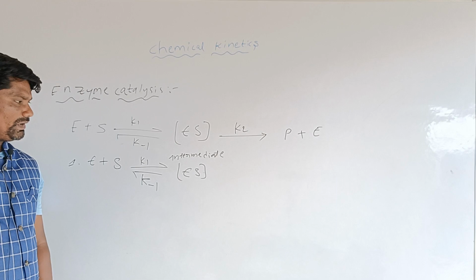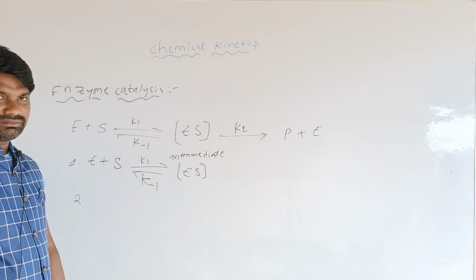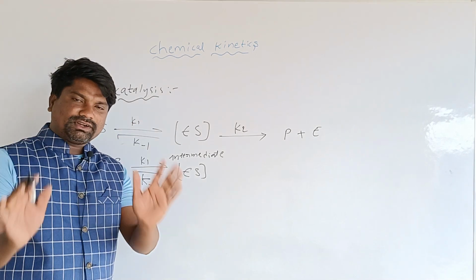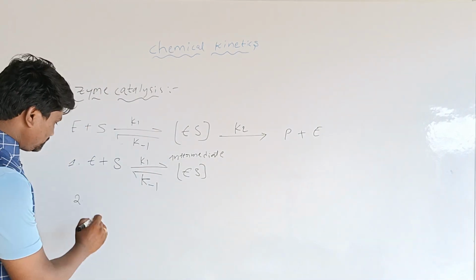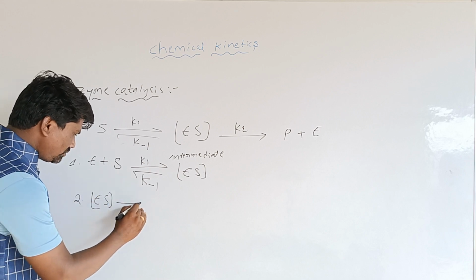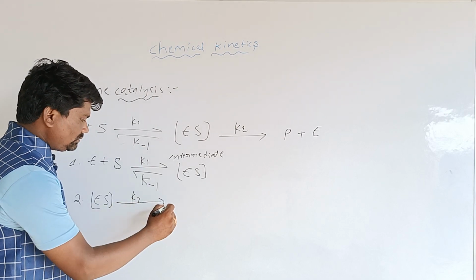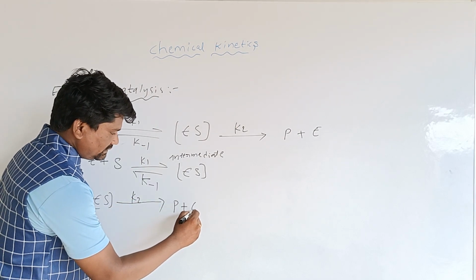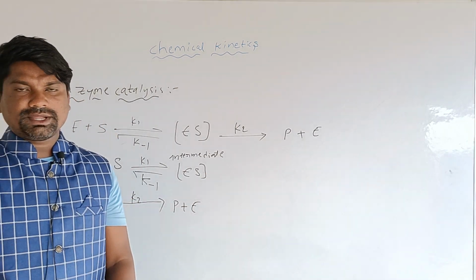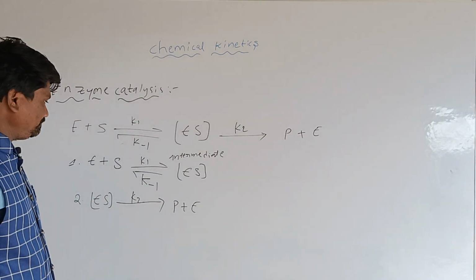The second step is the decomposition of the intermediate, which means the enzyme substrate complex is decomposed or dissociated into products plus enzyme with K2.